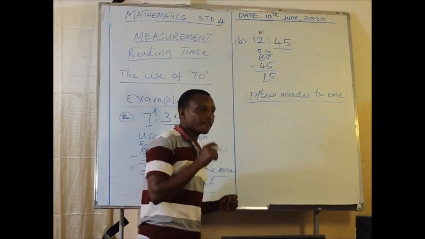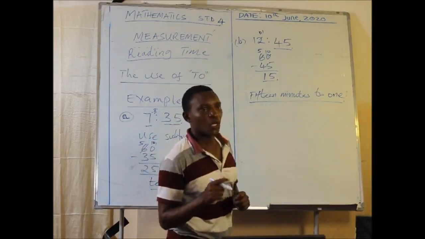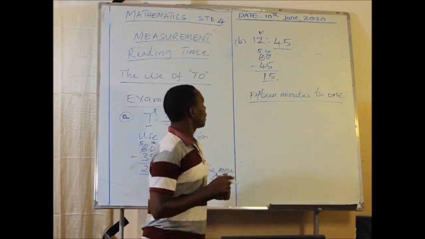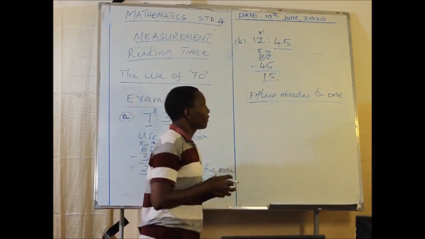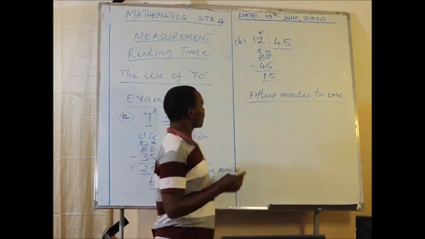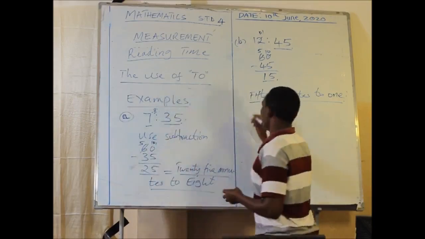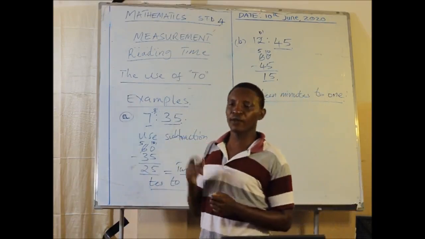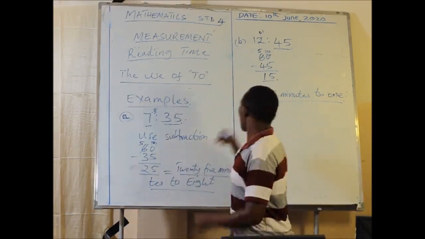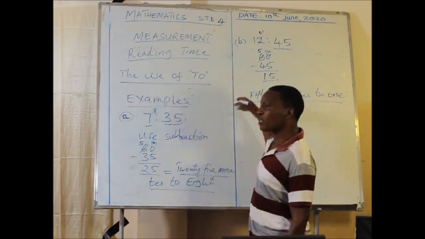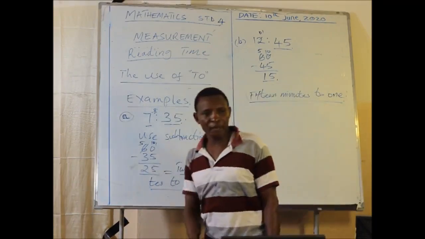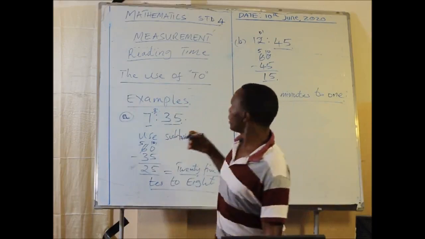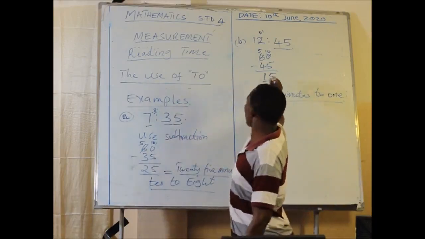When you take 60 minutes as 1 hour and divide it into 4, you get 15 minutes.